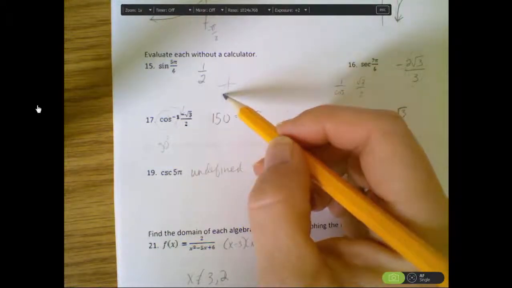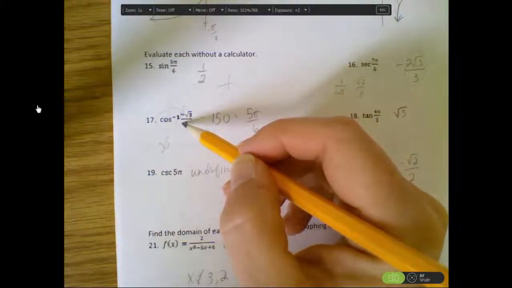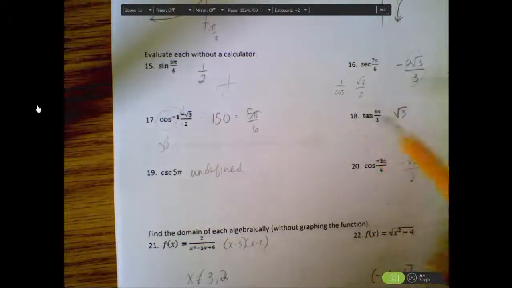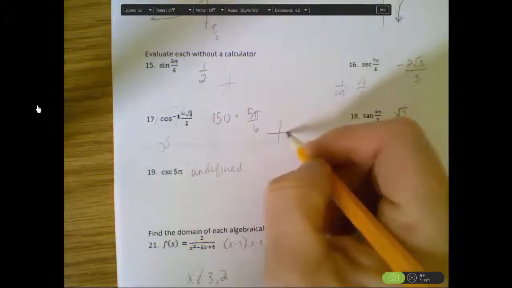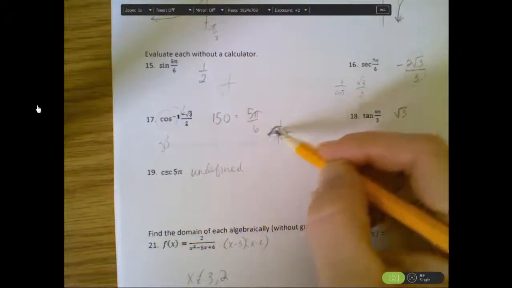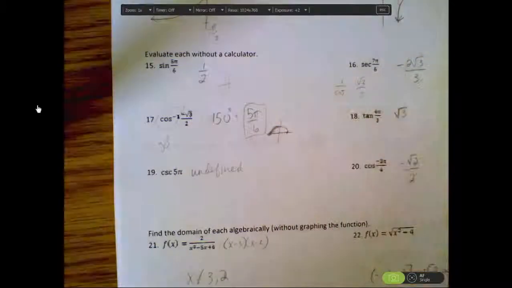But only one of these quadrants is included in the domain of the arc cosine. Remember, arc cosine is only defined from 0 to pi. So we're talking about the second quadrant, and in the second quadrant the angle is 150 degrees or 5 pi over 6.